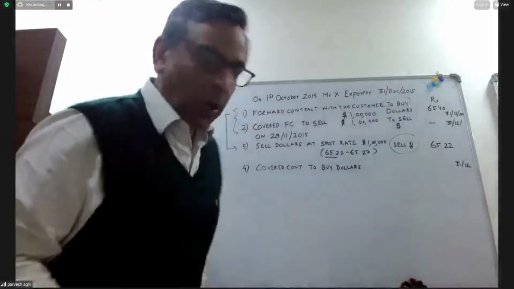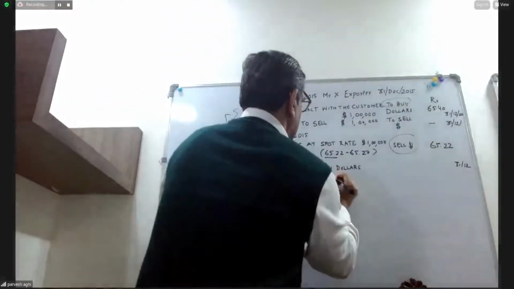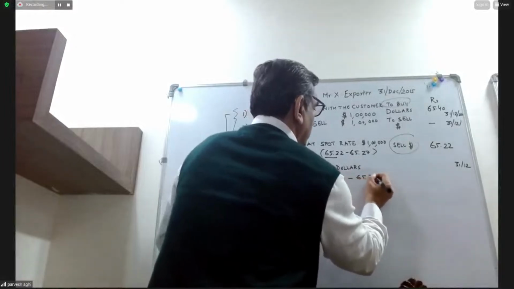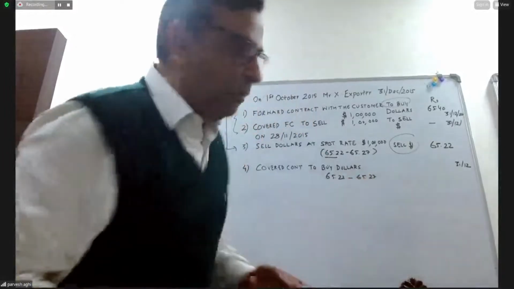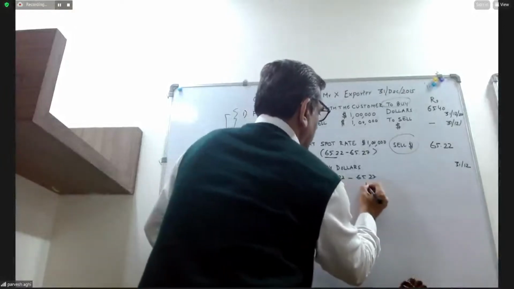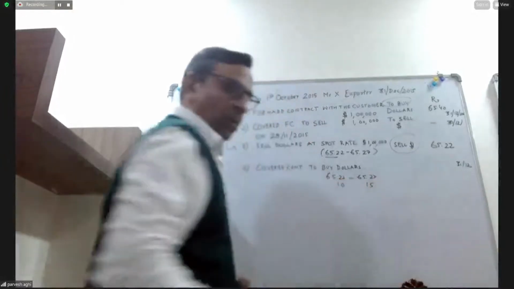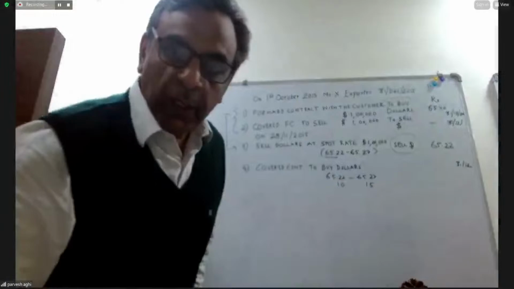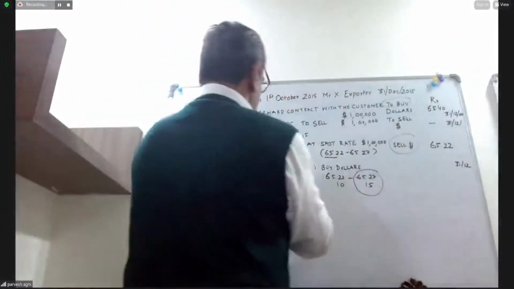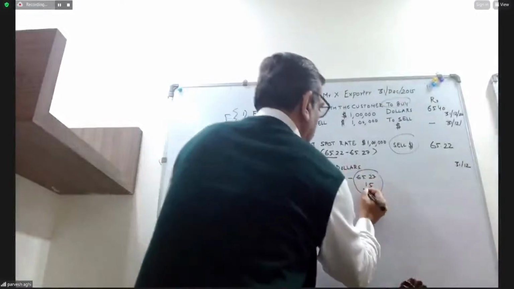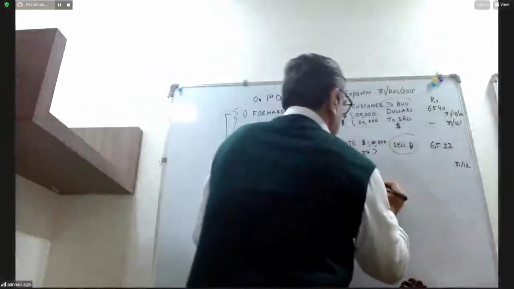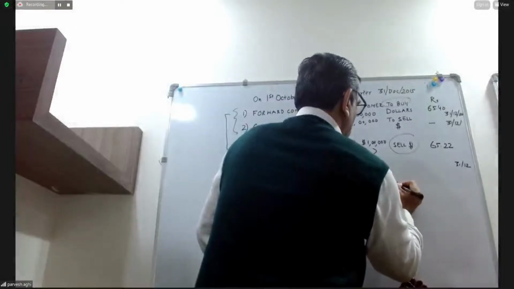At what rate? The rate is given as 65.22 oblique 65.27, and the bid and ask points are also given, which are 10 and 15. So we are going to look at this point. The bank is going to buy, so the ask rate will be applicable. So this will become 65.42.